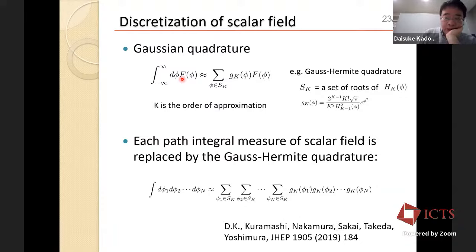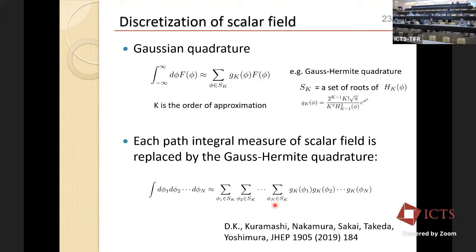In scalar field theory, the lambda phi 4 interaction provides an exponentially damping factor. So I think this method effectively works in scalar field theory, but other Gaussian quadratures such as Gauss-Legendre or something like that do not work for scalar field theory. I see. Okay, thanks.